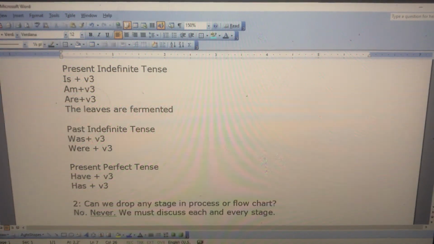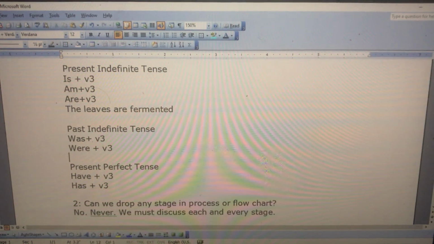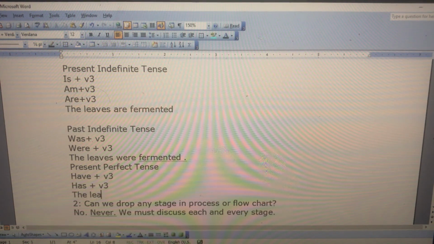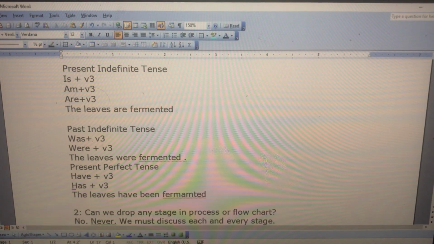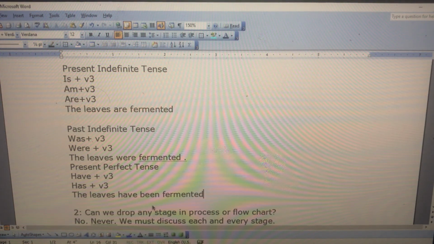If I want to use past indefinite, then you will have to say the leaves were fermented, right? But if I say present perfect tense, then you will have to say the leaves have been fermented. Clear now? So this is what you need to understand, the structures and the auxiliaries, right?